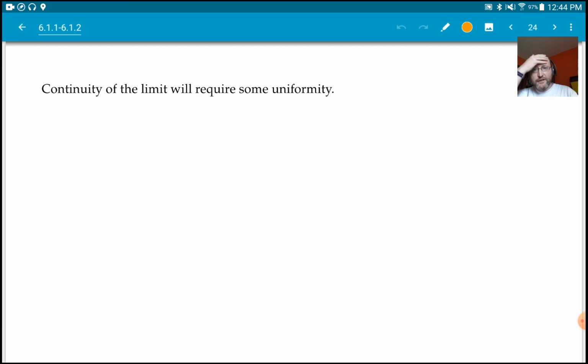So we know we can always do this on countable sets. Now, of course, the problem is that we're generally not going to be thinking about countable sets. Even in the real case, let alone the complex case. Let's suppose the case we're really interested in is sequences of holomorphic functions. Well, they're defined on open subsets of the complex plane.